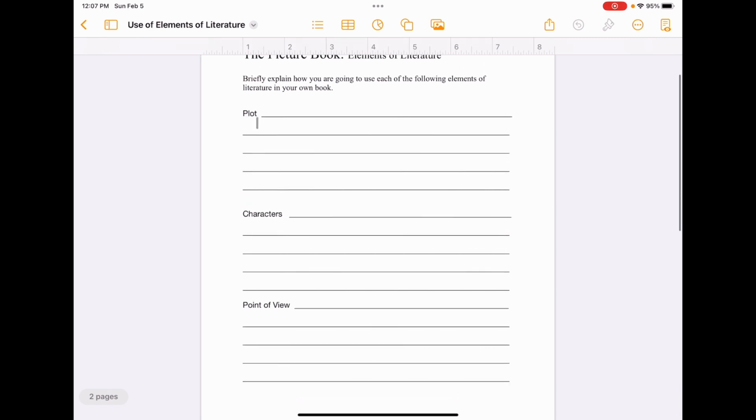We'll start with plot right here. My story has to have a plot. So does yours. Here's my plot. Here's what I'm going to write right here on these 5 lines. So I'm going to make one up right now. My plot is about a bunny who goes on an adventure with his parents in the middle of a forest.